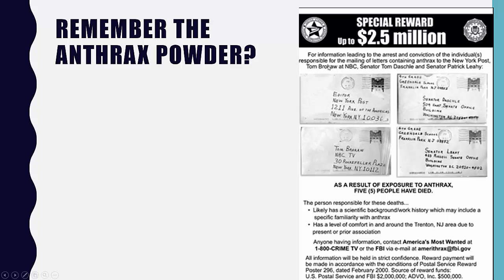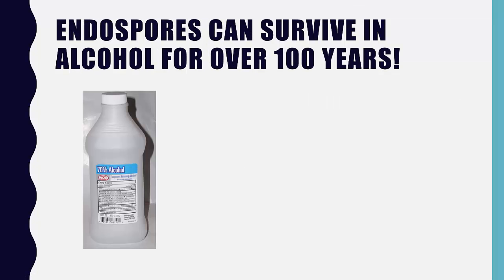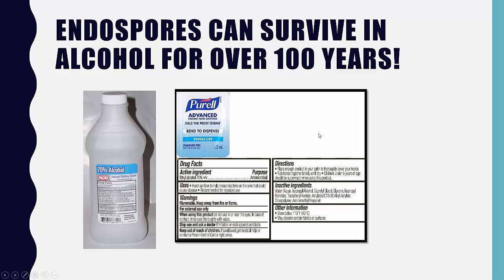So these are endospores. What is the toughest thing to kill? Endospores. A little side note here: endospores we know can survive in alcohol for over 100 years. By the way, 70% is the most effective kind of alcohol, but it still isn't going to work. You could take it out of the alcohol and grow it up on a petri dish. It'd be fine.